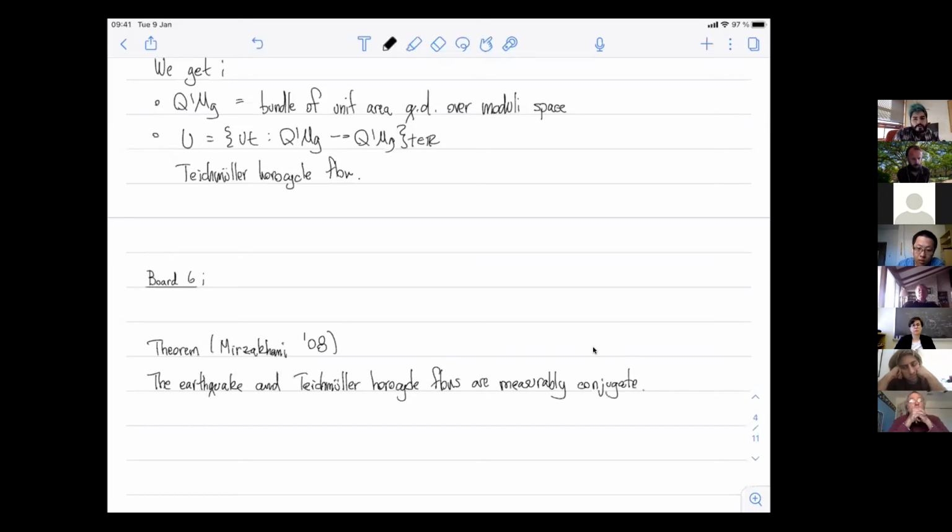This means that on each of these bundles, we can find natural measures, Lebesgue class if you want, which, if you forget about a measure zero subset of points, you can find a measurable map between these two bundles which conjugates the flows. And this is a big achievement in some sense, as I was saying before, because you have this hyperbolic world where you have the earthquake flow, and you have this conformal world where you have the Teichmüller horocycle flow, and then sort of magically, and let me say that the measurable conjugacy is absolutely non-obvious.